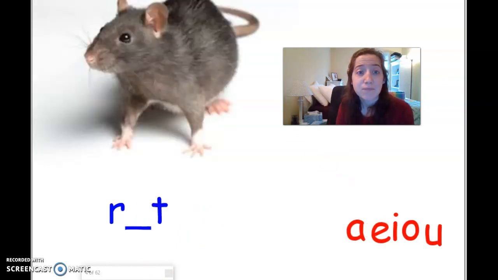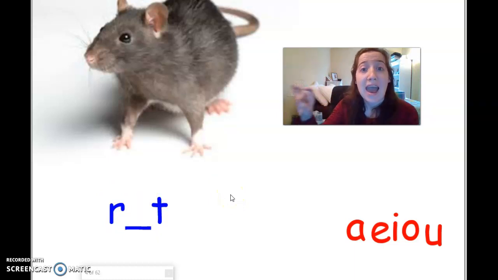Let's try another. This is a rat. Let's see, we have r and t. What sound belongs in the middle? Let's sound it out. Tap it with me. At. What's the middle sound? Did you say ah?